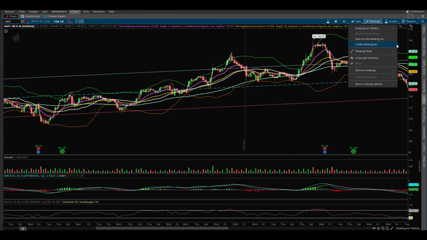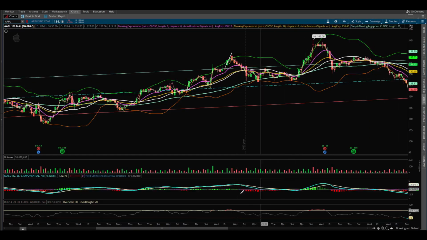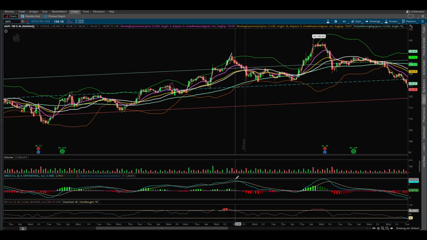So we know that this will be a divergence setup. The RSI is fairly flat, the stock price is going up, and you can see the cross of the MACD right here. That's where you get a signal.